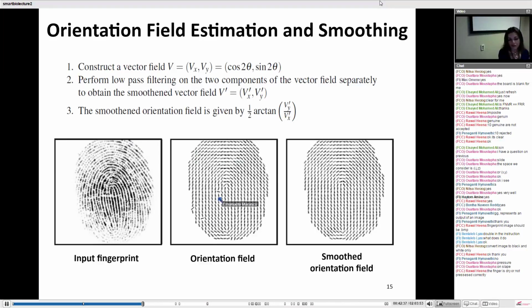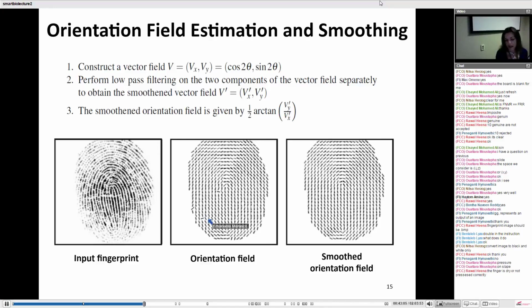And for these low quality images, of course, the estimation of the orientation field and then the orientation map may be challenging as well. So there may be some distortion, right? Areas where the orientation is not consistent. For example, here, the ridges are not clear, so estimating the orientation is a challenge.